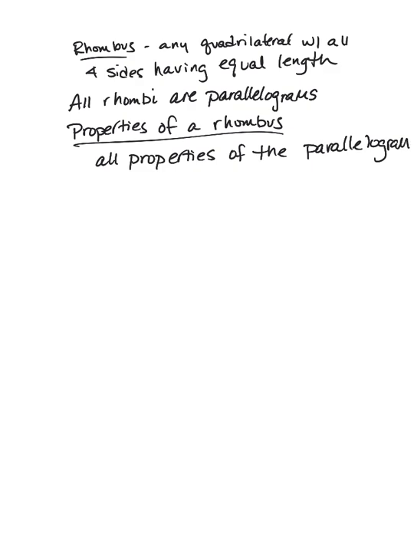Opposite angles congruent, right? Opposite sides parallel. All that. Plus, let's look at a picture of it. One of the most important things that you have is that the diagonals bisect the angles.